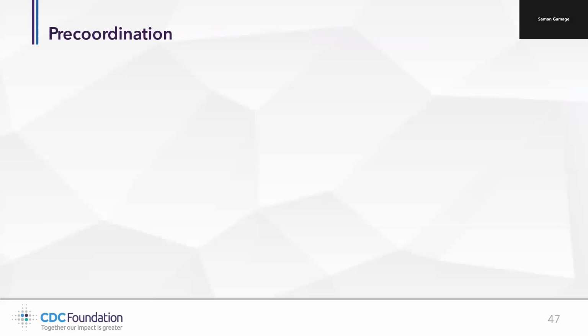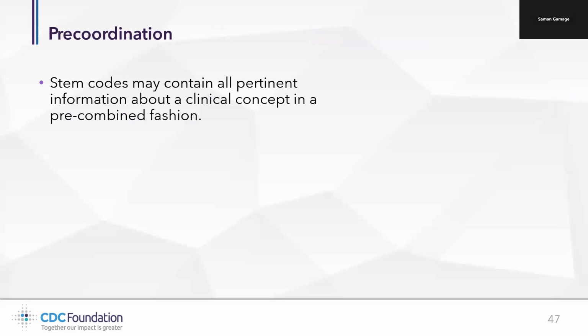What do you mean by pre-coordination? Stem codes may contain all pertinent information about a clinical concept in a pre-combined fashion. Already combined. All pertinent information is already combined. This is referred to as pre-coordination.